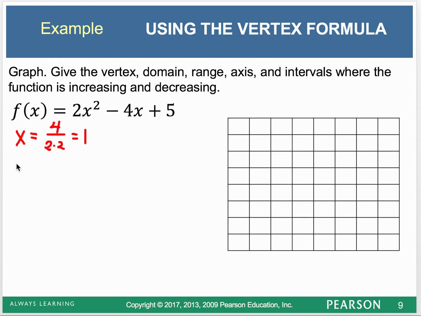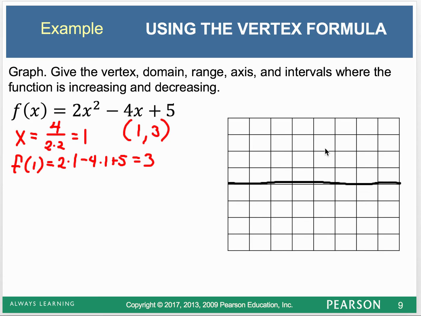Okay, so let's plug in f of 1 is 2 times 1 squared minus 4 times 1 plus 5, or negative 2 plus 5, 3. So my vertex is 1, 3, right? 1, 3.